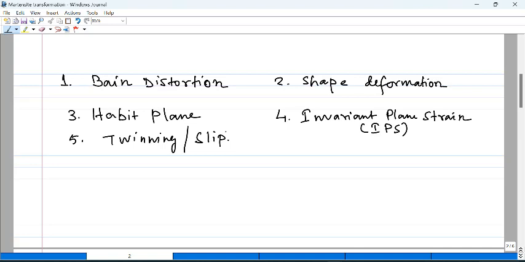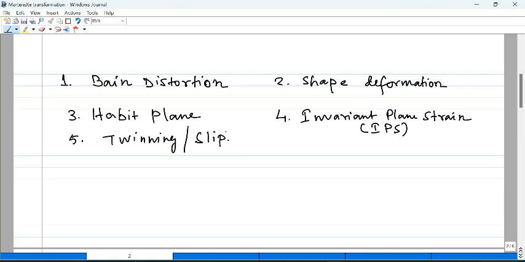These are a few terms that we are going to use to understand this transformation, particularly this change in the structure. So just make a note of it, and then we'll go about all this, as to how these terms come across here and how they are relevant to this particular transformation.